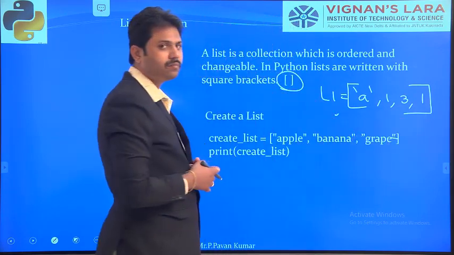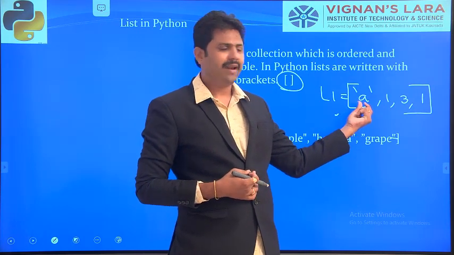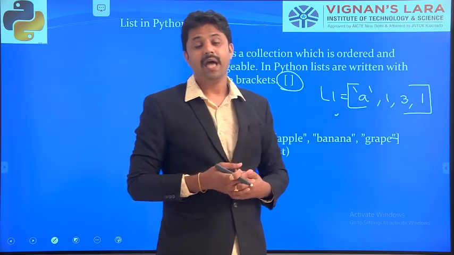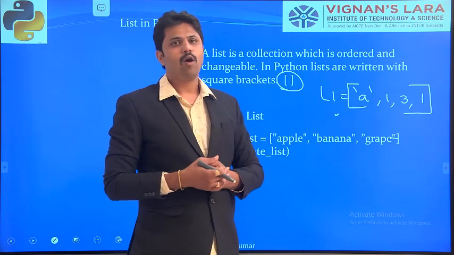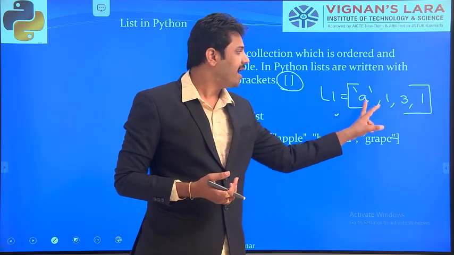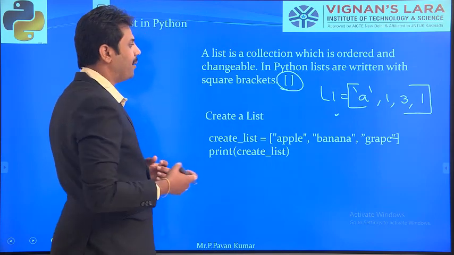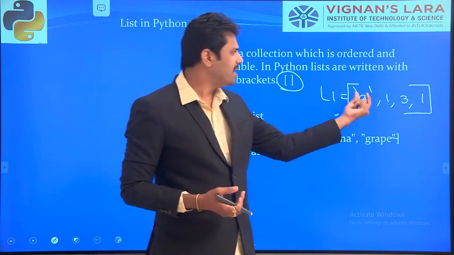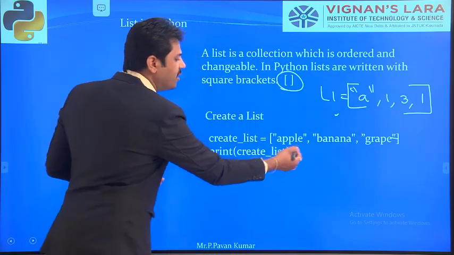Observe here, A is a character and 1 is a digit. That means a list allows different data types in a single list. This is the important point you have to remember. You can also represent a string in double quotes.